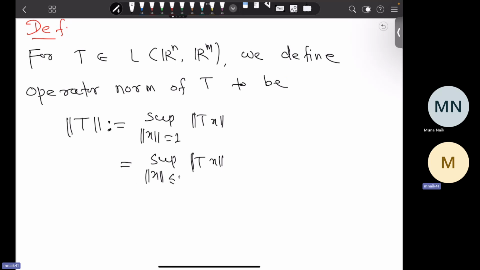Without verifying that this is a norm, I am calling it a norm, but we will shortly verify this.